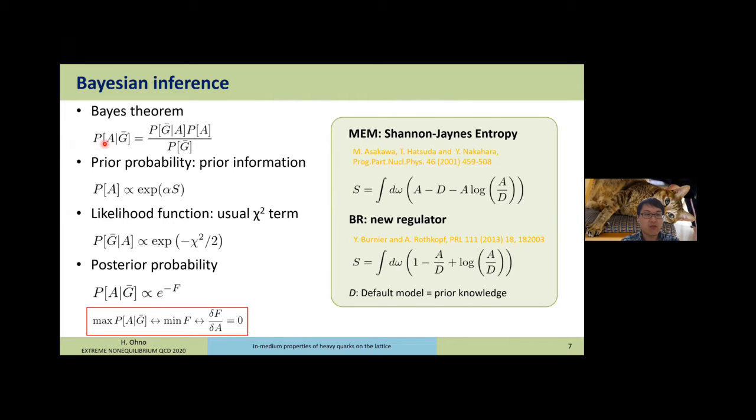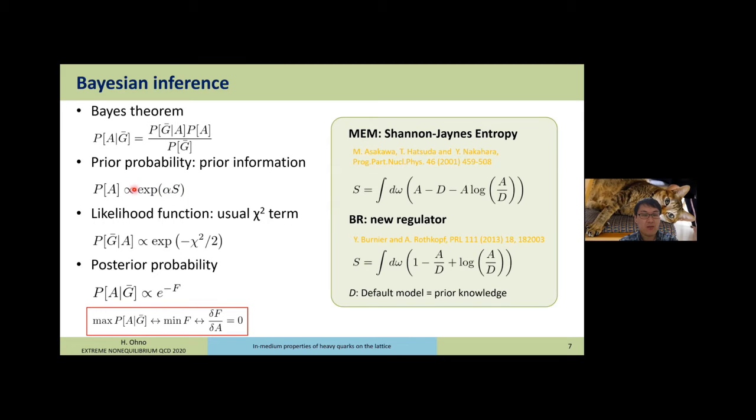According to the Bayes theorem, this probability can be written as the product of P(G|A) and P(A), and the denominator P(G) is just a normalization. Here P(A) is proportional to exponential of alpha S, and this S contains some prior information, so this is the so-called prior probability.